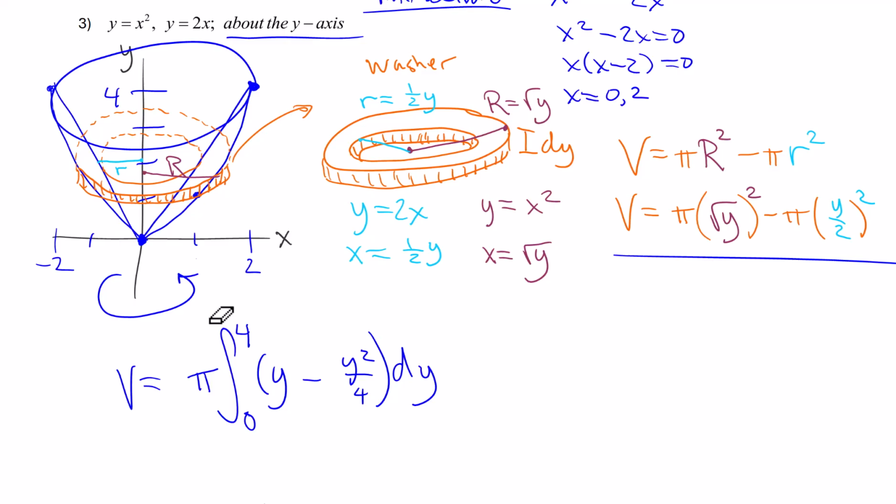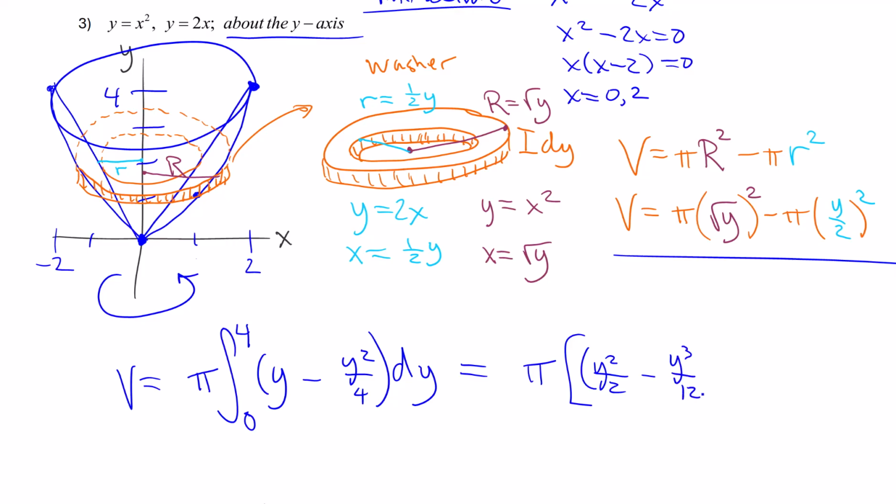So let's go carefully through this. Using the fundamental theorem of calculus, we have pi on the outside. Inside we'll do our antiderivative. The antiderivative of y is y squared over 2. So we have y squared over 2 minus the antiderivative of the second piece: y squared over 4 would be y cubed over 12.